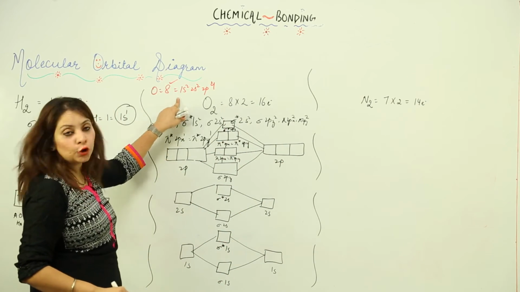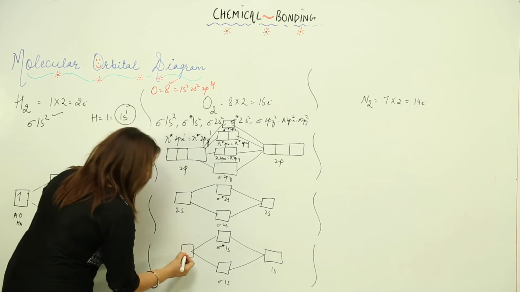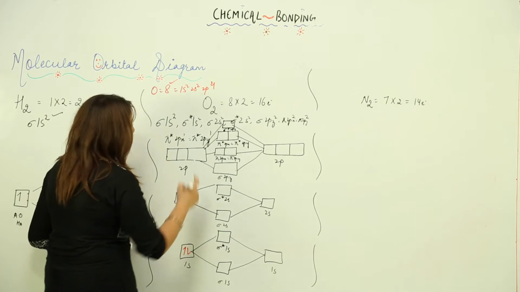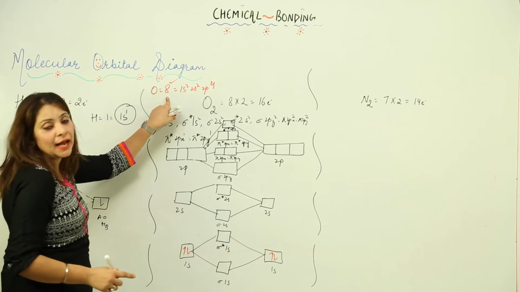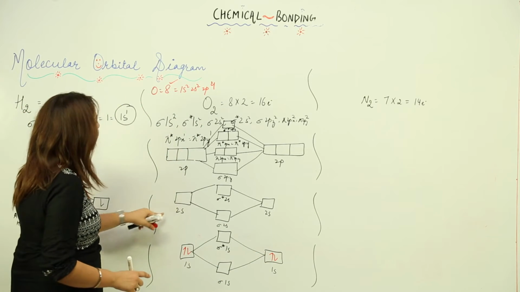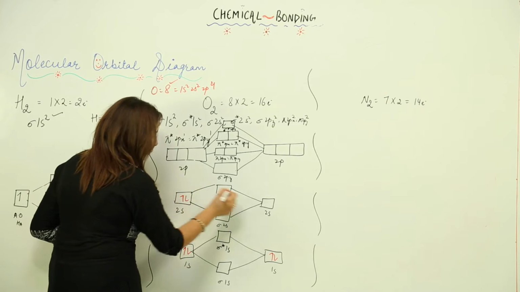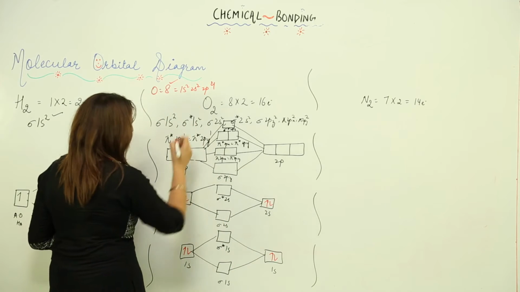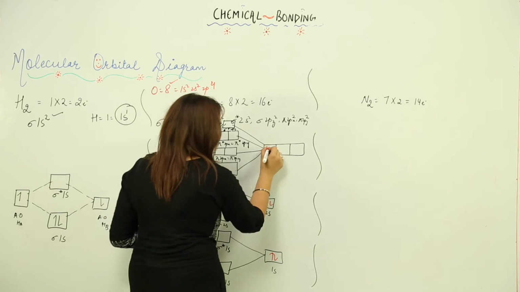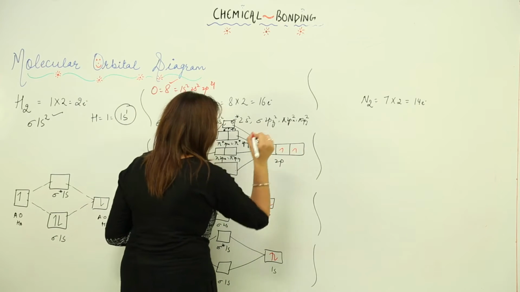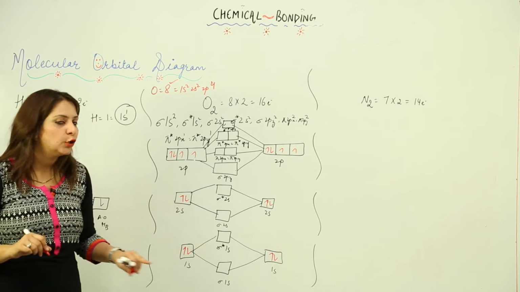So I need to fill the atomic orbitals first. Let me fill 1s2, and again for the other one 1s2, because both atoms have the same configuration. 2s again 2, again 2, 2p is 4: 1, 2, 3 and 4, 1, 2, 3 and 4. Right. So my atomic orbitals are already filled.